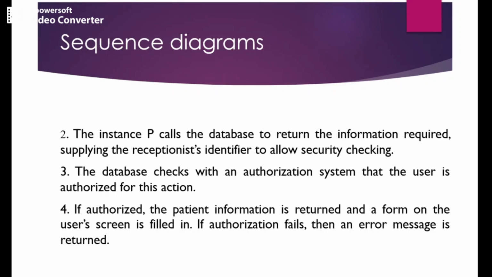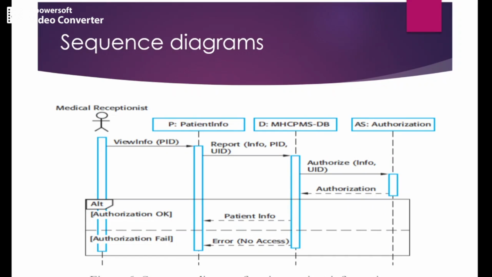Now next what happens? The instance P calls the database to return the information required, supplying the receptionist identifier to allow security checking. So you can see here now, in turn, this object P or instance P will make a call to the database. DB means database. Why?